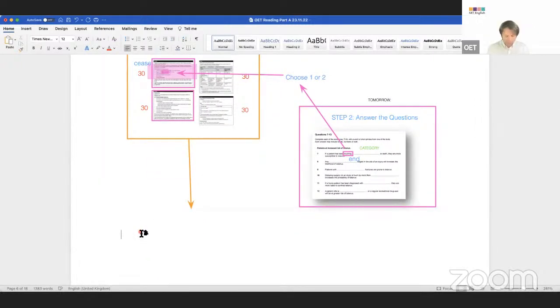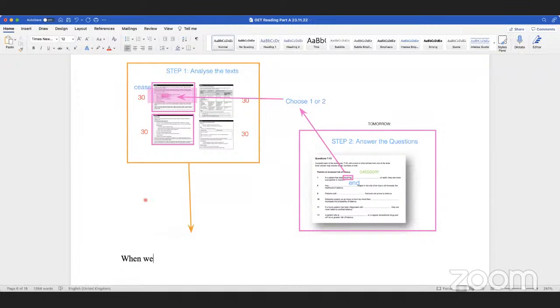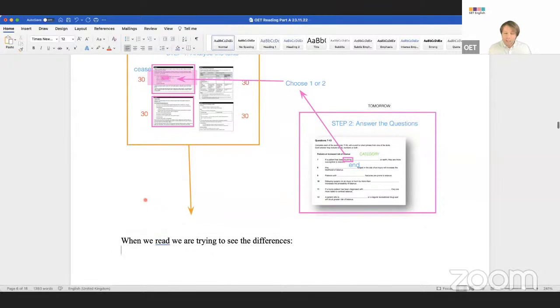When we analyze the texts, by analysis, what do we mean by analysis? What are we trying to do? Differentiate or separate. When we read, we are trying to see the differences, right? And there's only 3 ways really that you can see differences between texts.